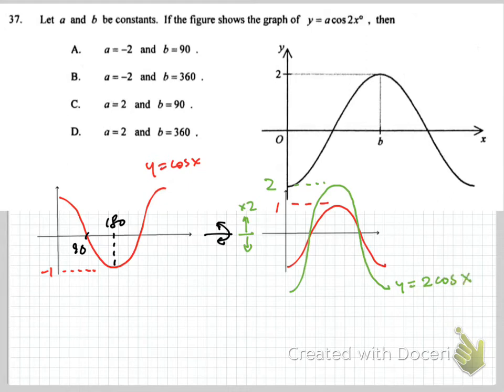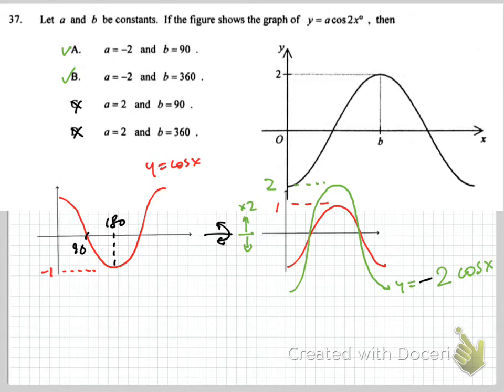Alright, -2, sorry, negative 2 times cosine x, alright, the minus being the up-down flip, the number 2 being the vertical stretch, alright. So we have a equals to -2, alright. So these C and D, they are wrong.